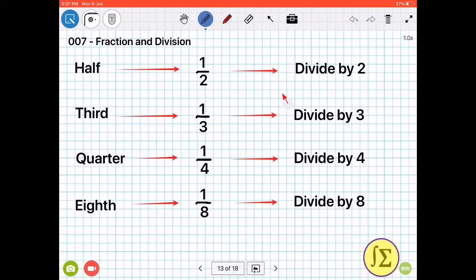Similarly, for a tenth, it's 1 over 10. So if you want to find out a tenth of a number, you take that number and divide it by 10.